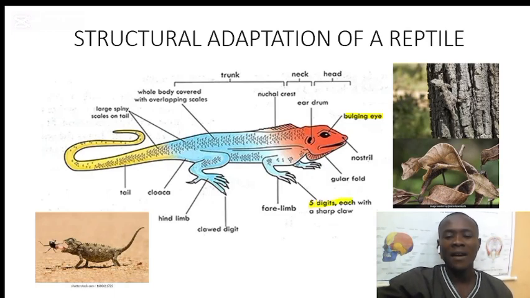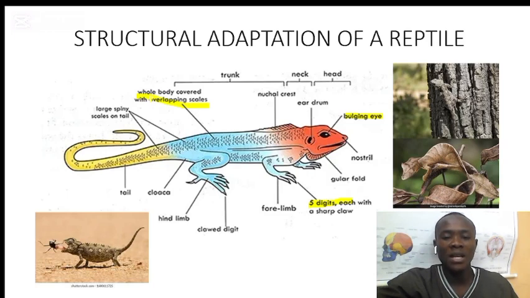Two, they have digits which end in sharp claws for climbing trees or walls. The third one is that they have overlapping scales which prevent them from injury while climbing or crawling on land.